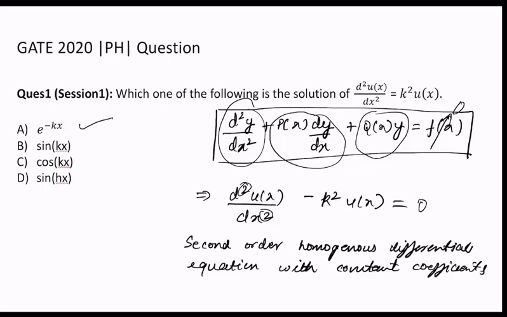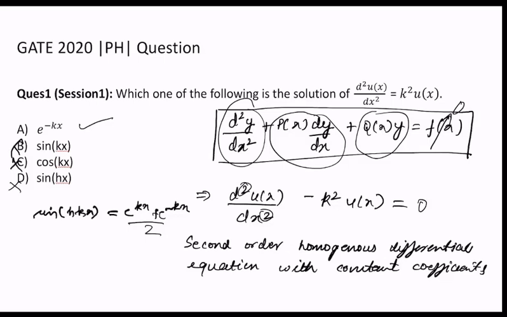But if they had given sine hyperbolic kx, then that could also have been the solution, because we know sine hyperbolic kx can be written as e to the power kx minus e to the power minus kx by 2. But here they have just tried to confuse you. So all these other options are wrong, only A is correct.